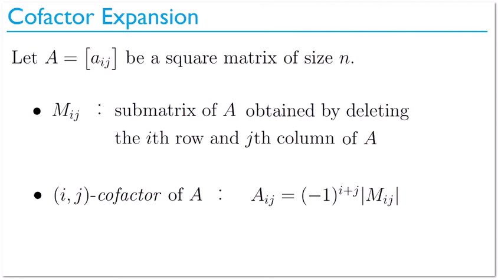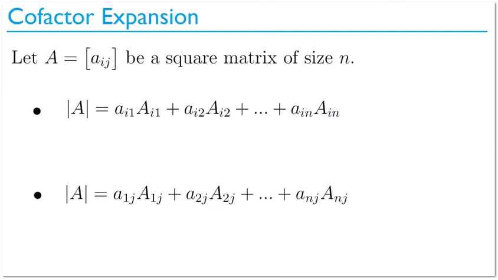Given these new definitions, we have this result. The determinant of A is equal to these summations. The first summation is called the cofactor expansion along row i. As you can see, all the row numbers are i, and the columns run from 1 until n, which is the size of the matrix.